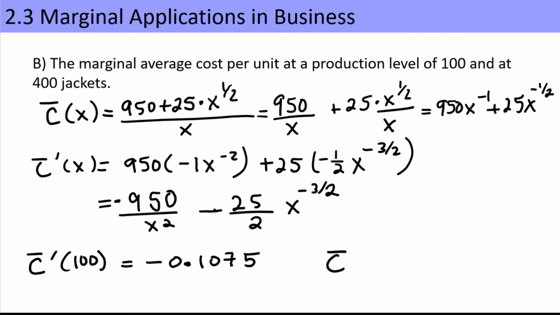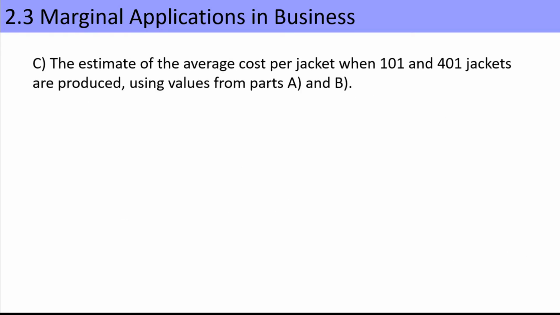And in your calculator, compute the marginal average cost, that's C bar prime at 400, and that will give you negative 0.0075.